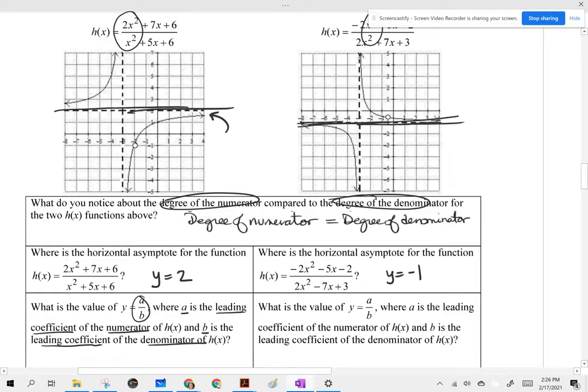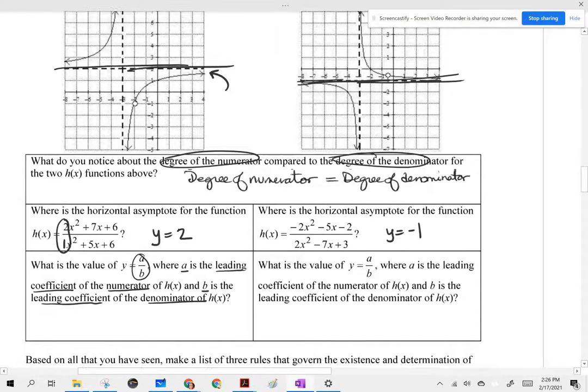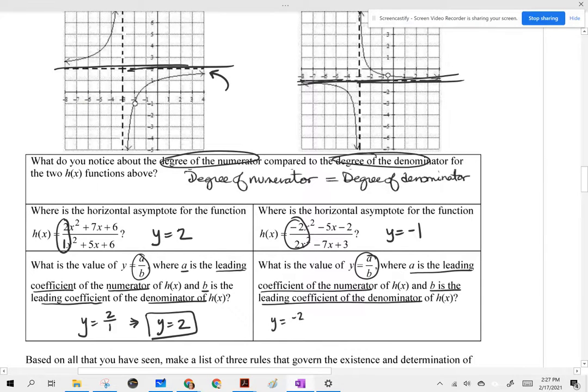So basically what I'm doing is dividing 2 over 1. So I get y is equal to 2 over 1, and that's going to give me y is equal to 2. And again, we're going to do the same thing here. a is the leading coefficient of the numerator, and b is the leading coefficient of the denominator. So we have y is equal to negative 2 over 2, and that just simplifies to y equals negative 1.